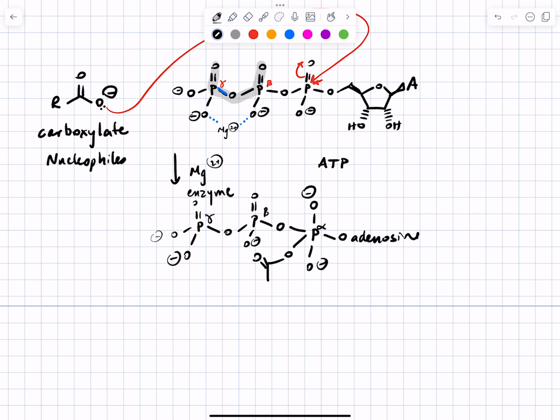And it turns out that in this case, the beta and gamma phosphates serve as the leaving group. So electrons kick down and that leaving group leaves. And I'll show you that again next time in case you didn't get it. But that's how you get the acyl AMP.